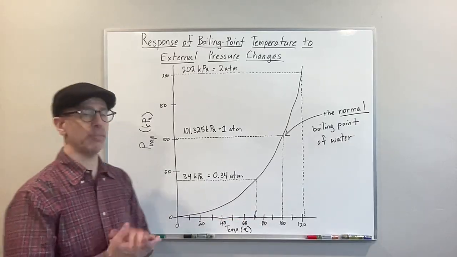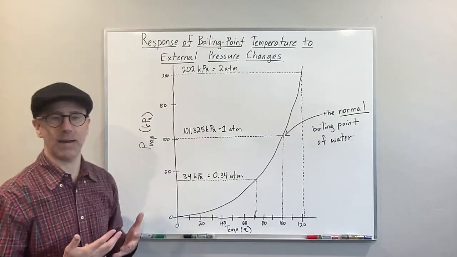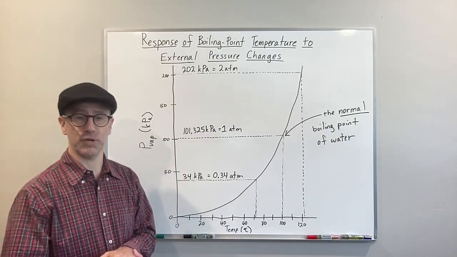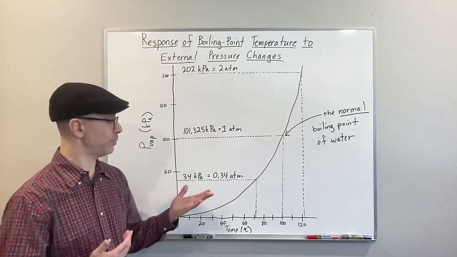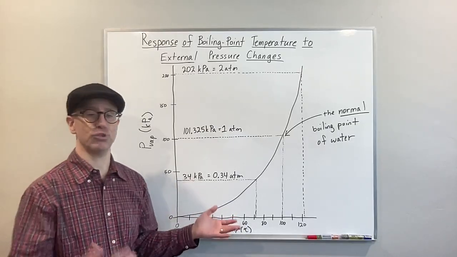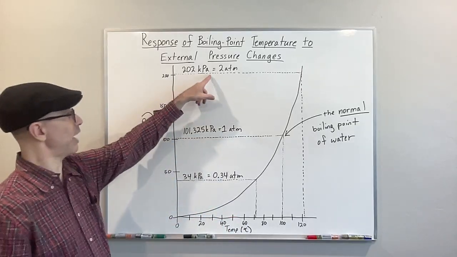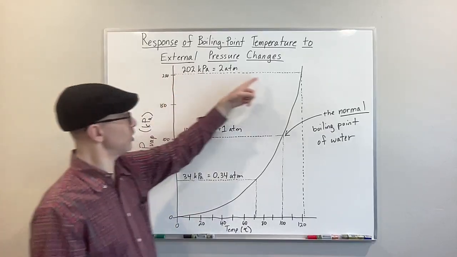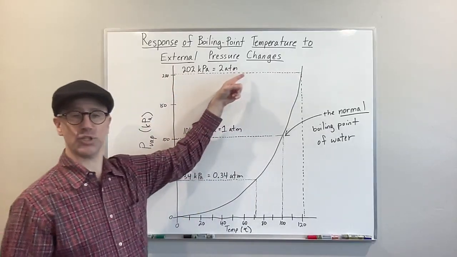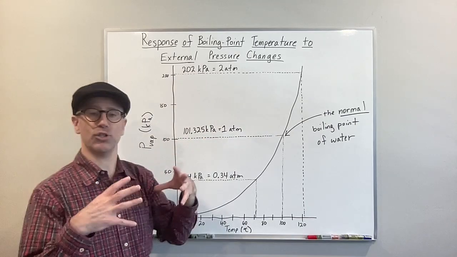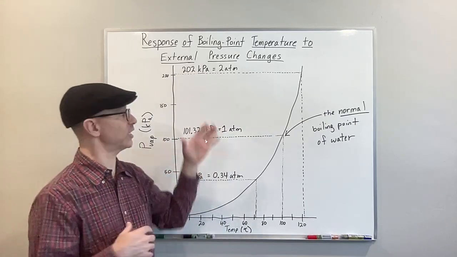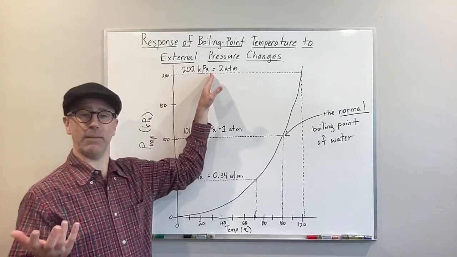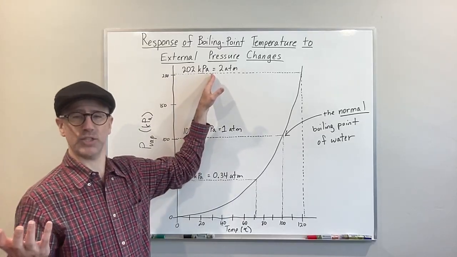Now, if you're using a pressure cooker, you could increase the pressure inside the pressure cooker to double the atmospheric pressure, right? So the atmospheric pressure is 1, and you could double it to 2. At 2 atmospheres, or 202 kilopascals, you would need the vapor pressure to reach that height. So in your pressure cooker, you are raising the pressure inside to maybe about that much. Let's assume 2 atmospheres.